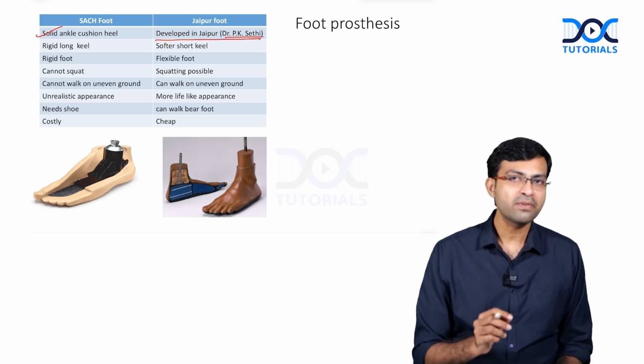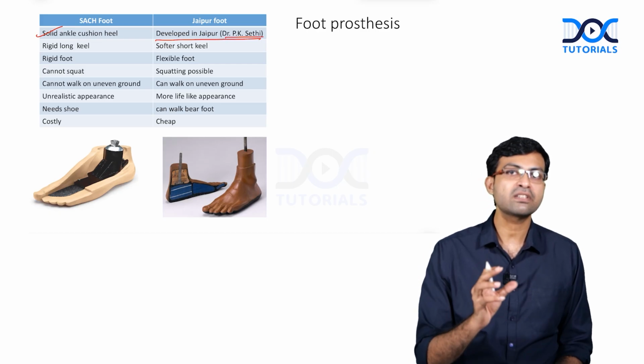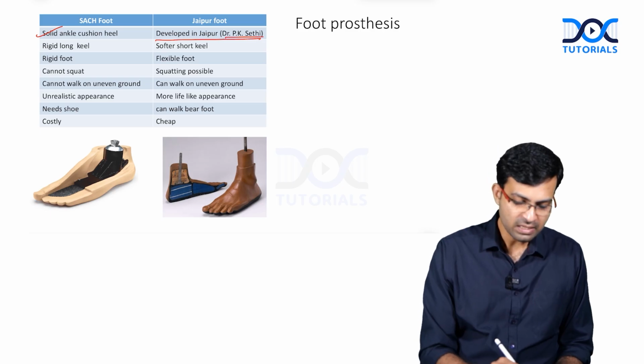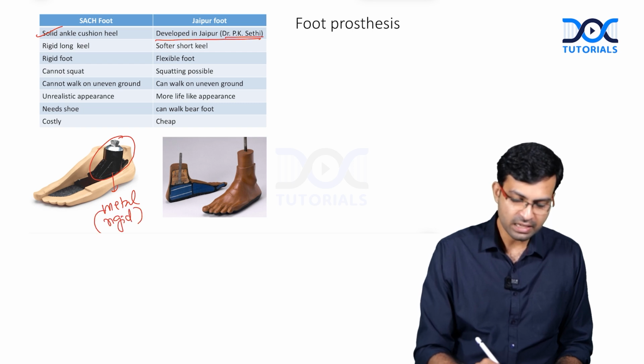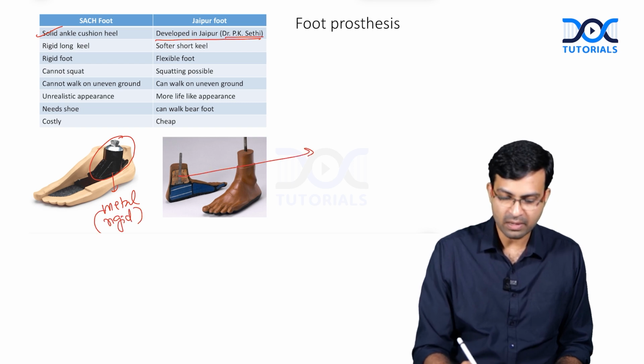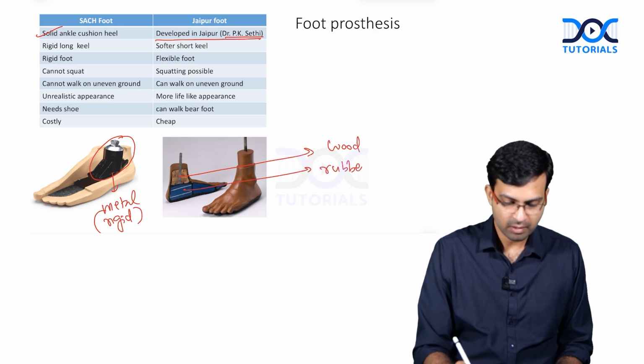What is the primary difference between the SACH foot and the Jaipur foot? The primary difference is in the construction of the ankle part. The ankle part in SACH is primarily made up of metal, so it is very rigid. In the case of a Jaipur foot, the ankle part is primarily made of wood and also rubber, so this makes it more flexible. That is the primary difference.